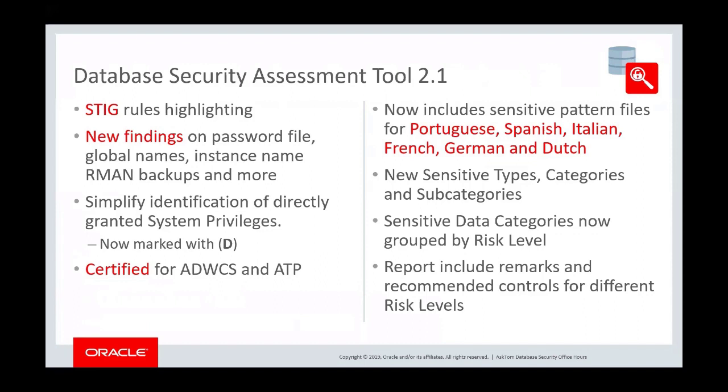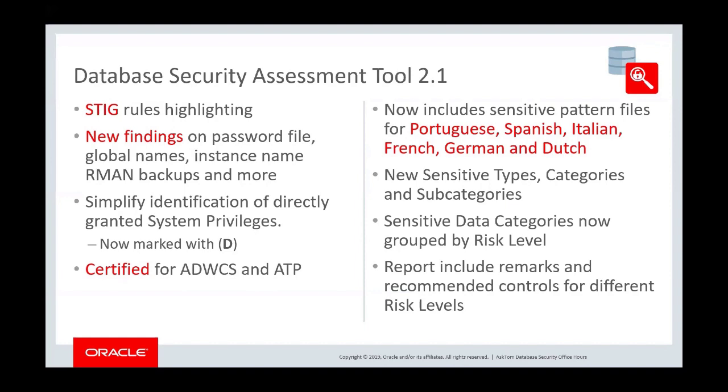We've also added new findings, things like if we've got issues with how global names is set, if we're seeing password file issues, and we'll highlight that now in the DBSat. And we've made it a little bit easier for you to tell when a system privilege was directly granted instead of coming through a role. You'll see that now marked with a D in the list of system privileges.